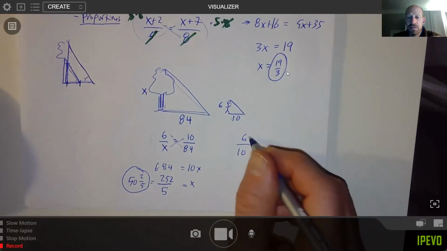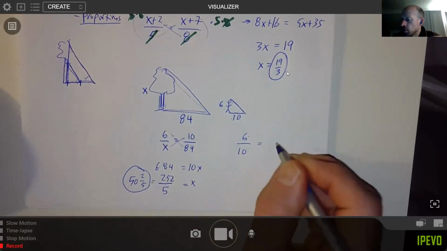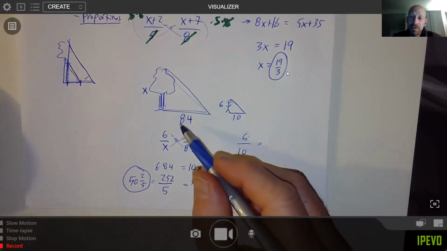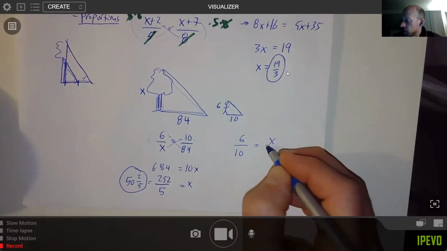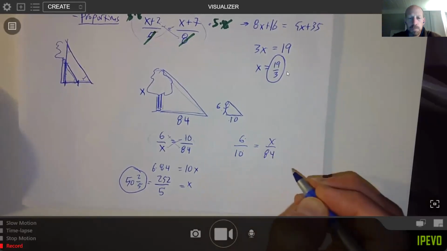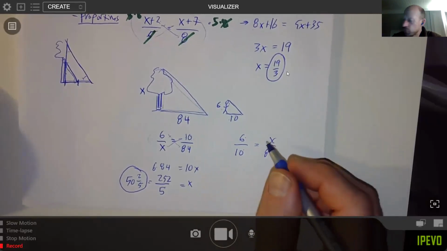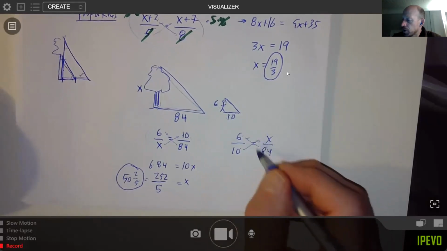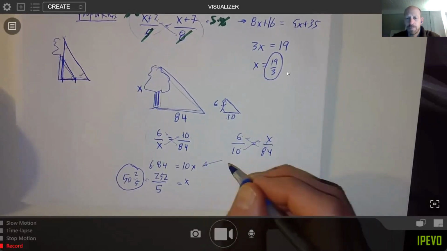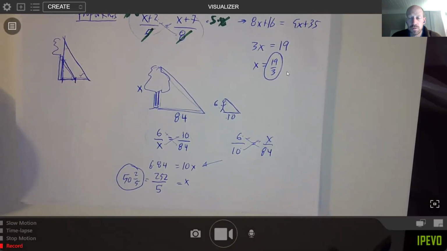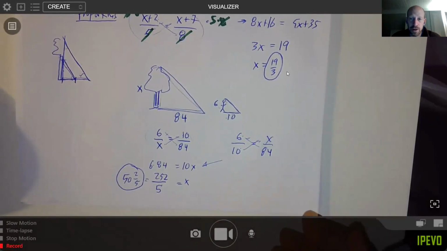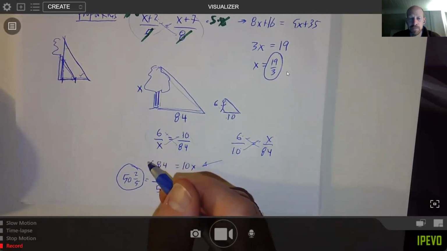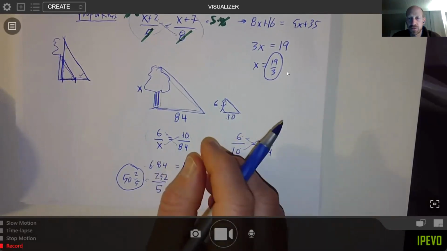That's the height to the shadow. So for the tree, I have to do that same ratio, height to shadow. That would be x over 84. It looks slightly different, but notice once I cross multiply, I'm going to get exactly the same equation there, which is going to give me exactly the same solution.